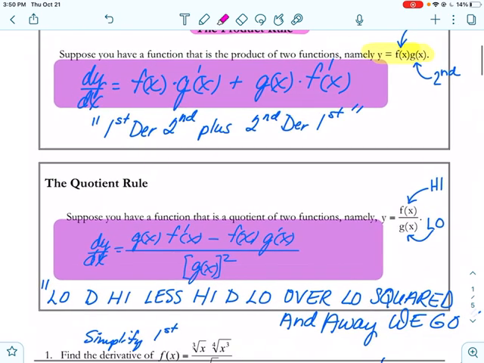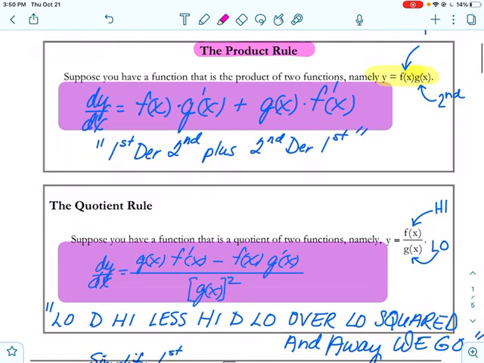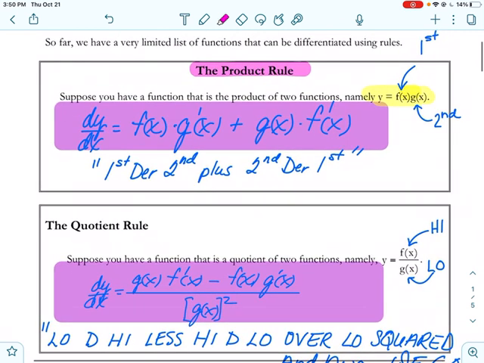Okay. Then you have the quotient rule. The quotient rule is, suppose you have a function that is the quotient of two functions, namely y is equal to f of x over g of x, where f of x is the high and g of x is the low. Then you have the dy/dx here is equal to g of x, f prime of x minus f of x times g prime of x all over g of x squared.